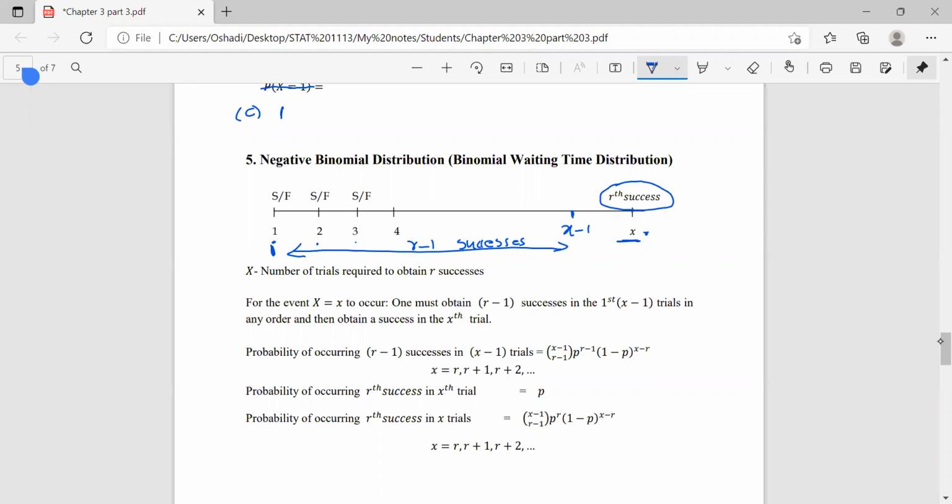And failures, how many failures? x minus 1 minus r minus 1, so it is x minus r. So it becomes 1 minus p to the power x minus r. Right? So I think it's clear now.